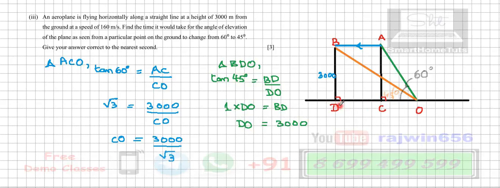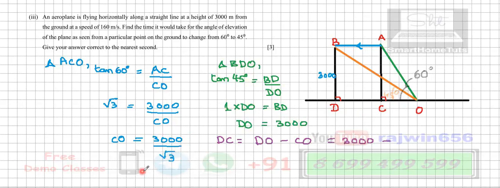DC will be equal to DO minus CO. I want distance DC, which will be equal to DO minus CO. So DC is equal to DO, which is 3000, minus CO, which is 3000 upon root 3.